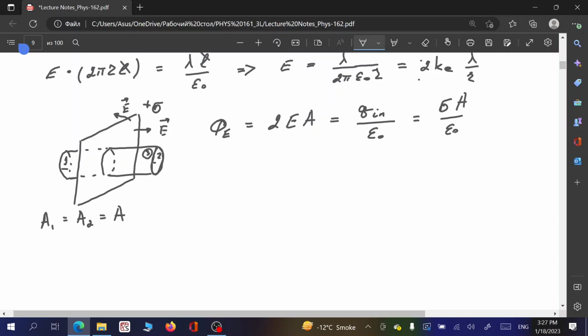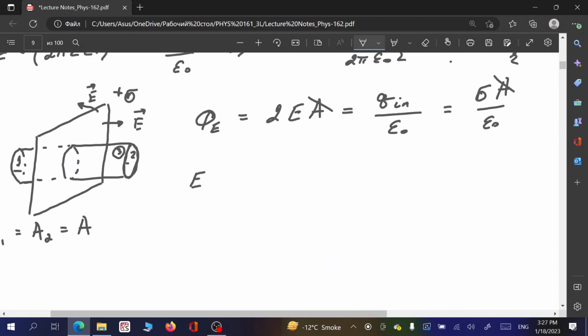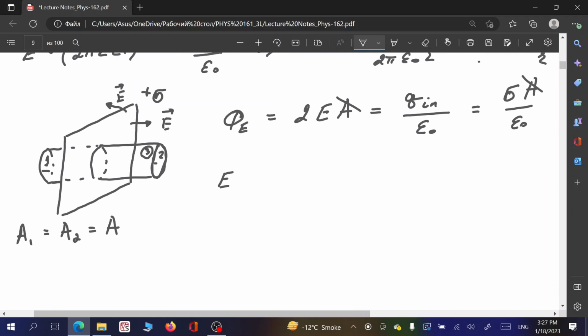We see that the area A cancels out, and we get the equation for the electric field next to an infinitely large charged plate, which is equal to sigma, the surface density of electric charge distributed on this plate, divided by 2 epsilon naught.